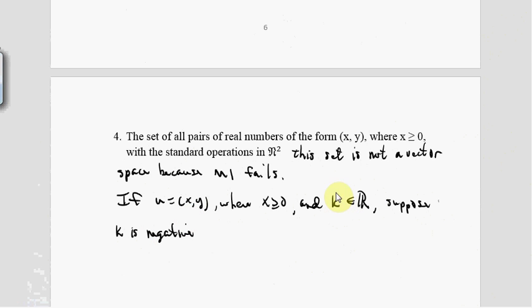It doesn't have anything to do with the vector x comma y. So if k is negative, then k times u, which is kx comma ky, the first component would be negative.